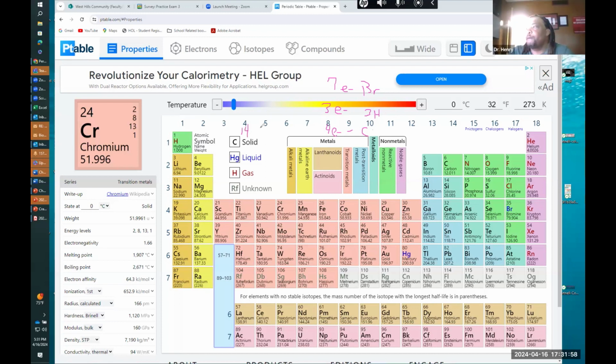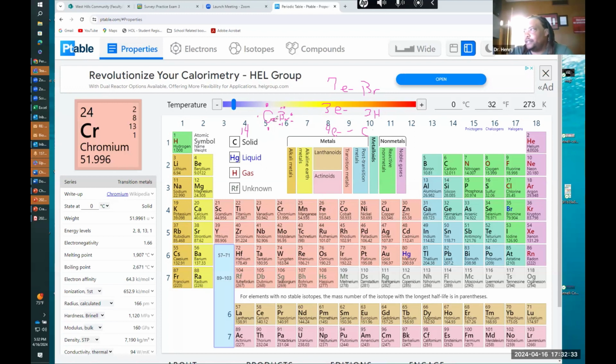Who has to be in the middle? Carbon has to be in the middle. Put our 4 around carbon. And then we know that bromine has 7.